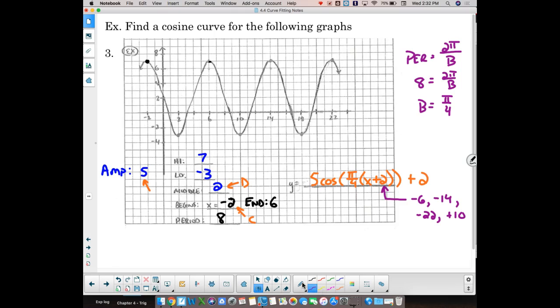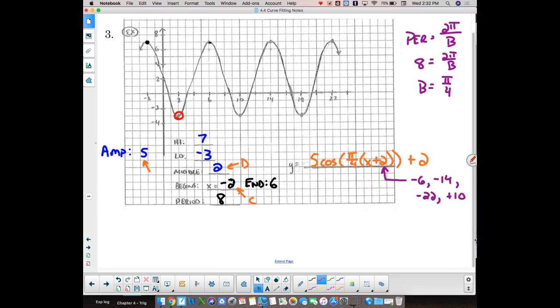Okay? Now, if I wanted to start down here, then I would have negative 5 cosine of pi over 4 x. Now it would be minus 2, and then still plus 2 at the end there.